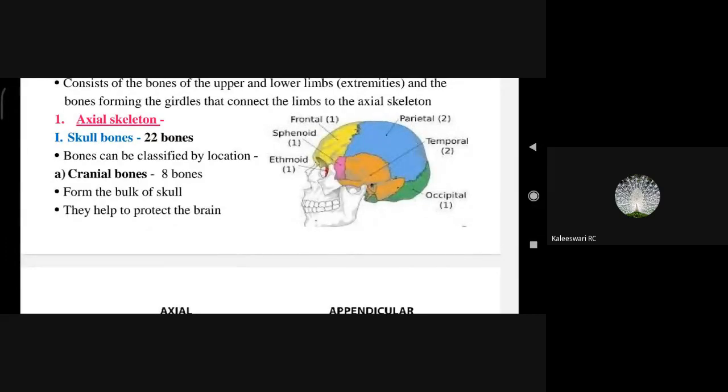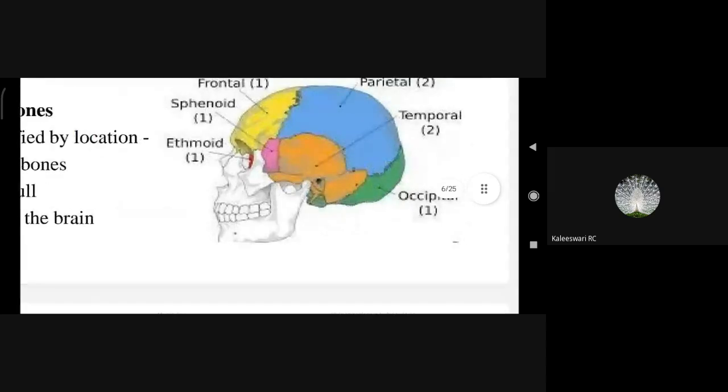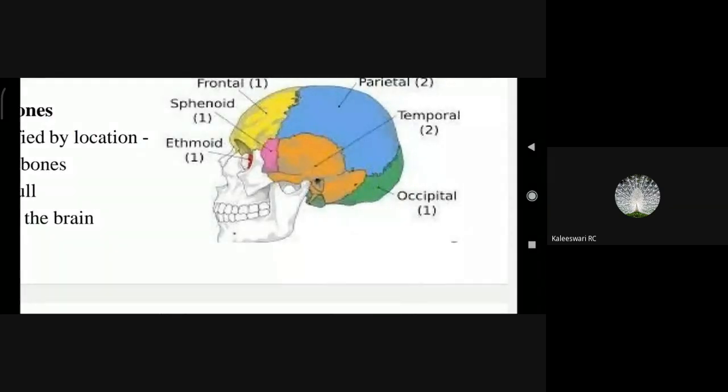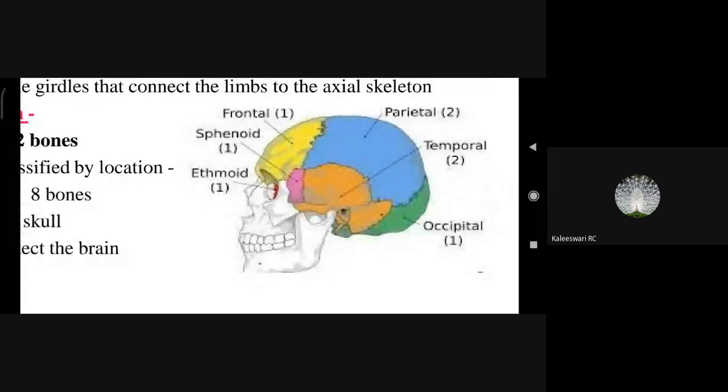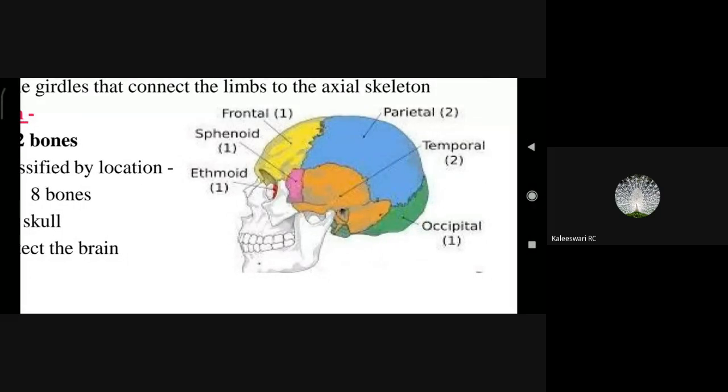This is in the middle of the skull. And one more, a bit reddish color, you can see in the cavity of the eyes. That is ethmoid bone. This is also 1 in number. So 2 in number are only parietal and temporal, and the last one is occipital, which is at the back of the head.